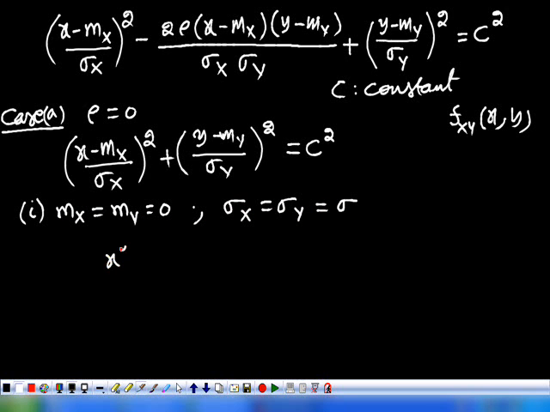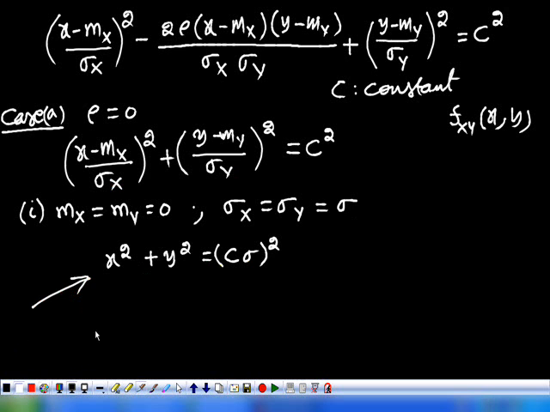This is x square plus y square is equivalent to c square sigma square. This is 0, this is 0, and that we are letting sigma. So therefore, x square plus y square is equivalent to c square sigma square. What does this equation indicate? It's the equation of a circle centered at the origin.